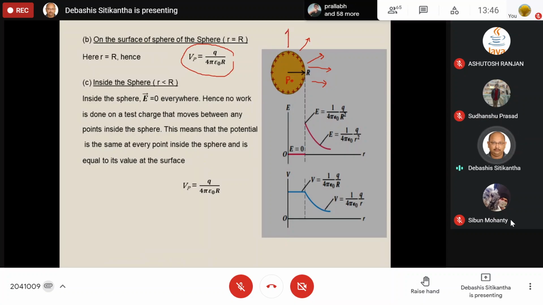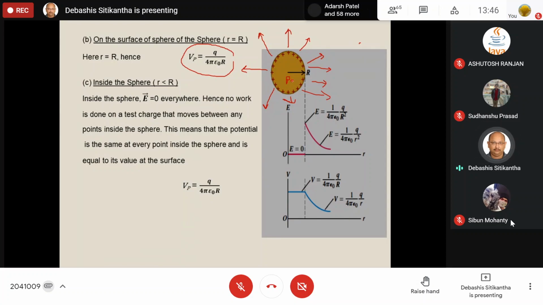In the previous case, when we were calculating the electric field because of this conducting sphere somewhere outside, we could consider it to be a point charge, because the calculation is done from the center of the sphere. Now the same thing cannot be applied to a point inside the sphere, because the electric field is all going to be radiated away, and therefore no field is going to be present inside it.